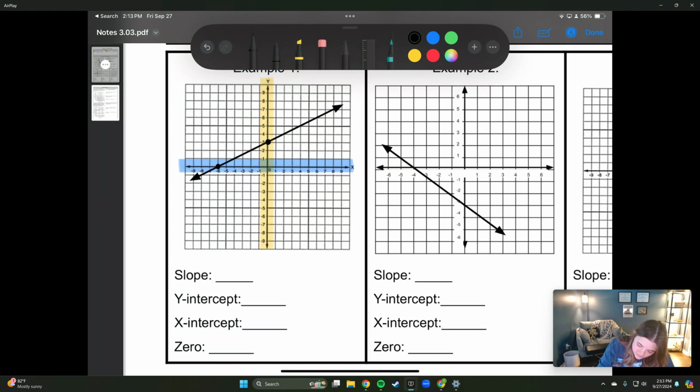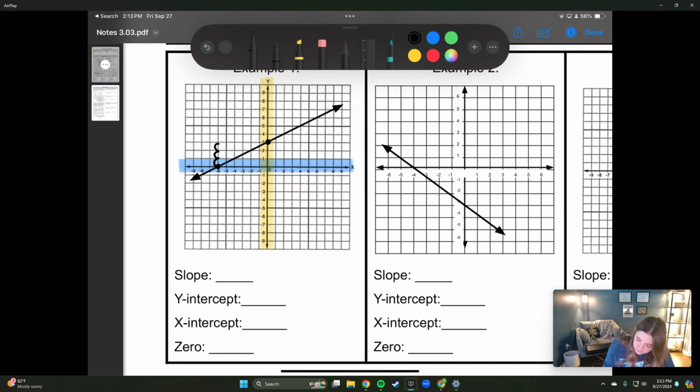Where does it cross on the x-axis? And what is the rise over the run? On that one I was short. Let's see. If I were to do the rise over run for this one, I go 1, 2, 3.